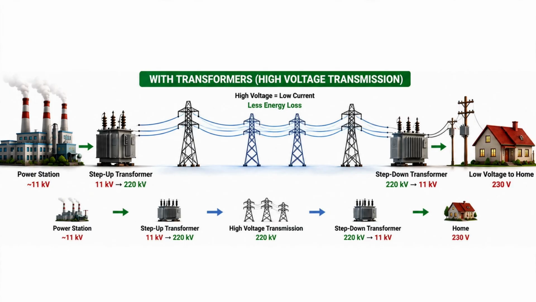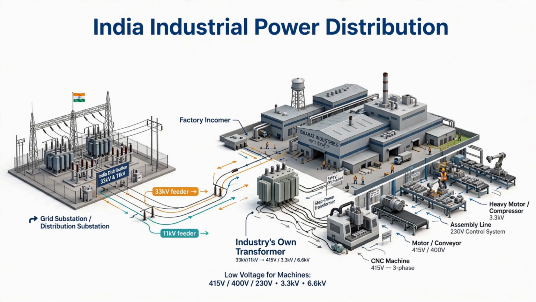After traveling through the transmission network, electricity reaches substations. Here, transformers reduce the voltage to suitable levels for distribution. In India, electricity is commonly distributed at 33 kilovolts and 11 kilovolts levels. Large industries may receive electricity at these voltages and use transformers to reduce it to the level needed for their machines.